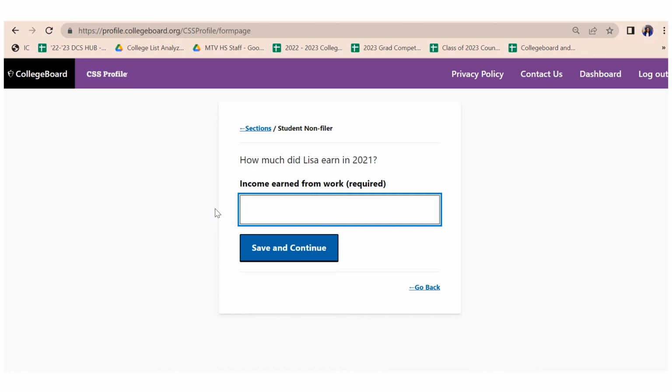So this is not talking about this past summer, it's only talking about 2021. So how much income did this student earn from work? If it's on your W-2, great. If not, estimate. Again, be honest, but don't overestimate. Think about how many hours a week the student worked, how much they were paid an hour, and how many weeks they worked that year, and then enter your best estimate.